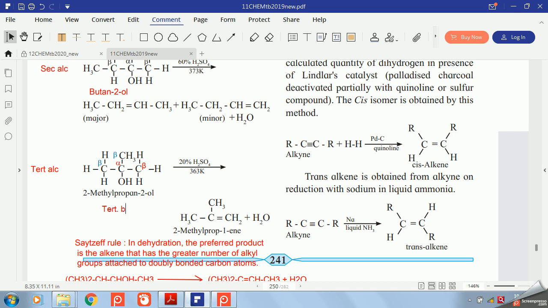Tertiary butyl alcohol. So you must understand the common name of this alkyl group, then you can easily write the reaction. It is very important to know both the names.